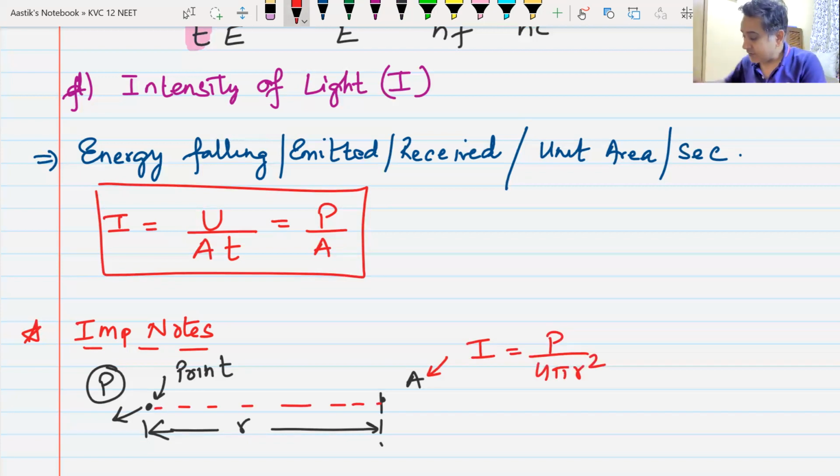Or this intensity at this point will be proportional to 1 by R square. Do we understand this? Please note it down.